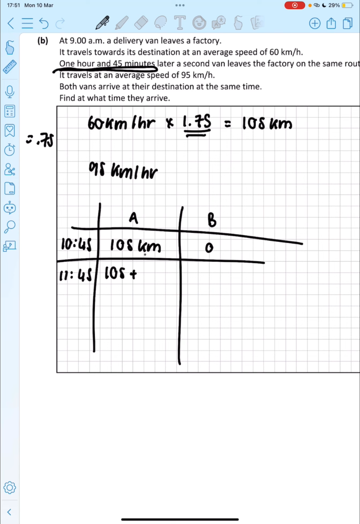So plus 60, he is going to have 165 kilometers under his belt. And this guy here for B, he's traveling an hour at 95 kilometers per hour, therefore he's traveled 95 kilometers. So they're not at the same place yet. That's no help to us.